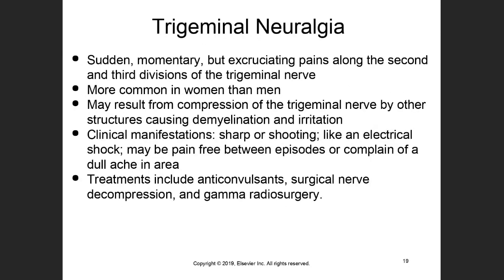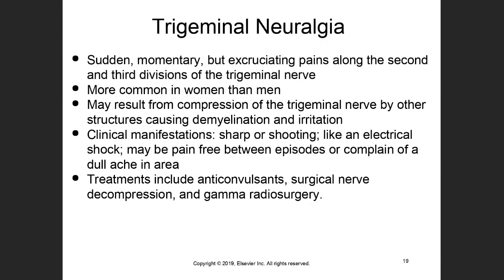Trigeminal neuralgia is a sudden, momentary, excruciating pain along the second and third divisions of the trigeminal nerve, more common in women than men. It may result from compression of the trigeminal nerve, but also from demyelination and irritation.